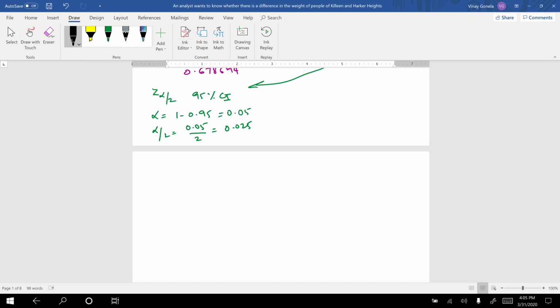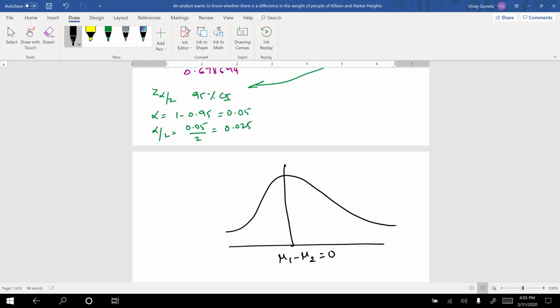So if I have a normal distribution curve like this, it represents mu1 minus mu2 is equal to 0 point. So this is 0, mu1 minus mu2. Anything to the left would be mu1 minus mu2 less than 0.